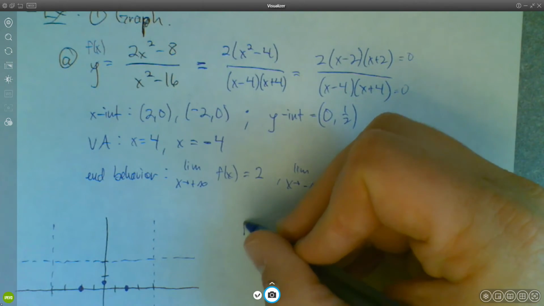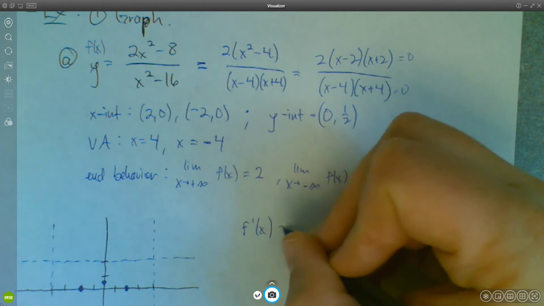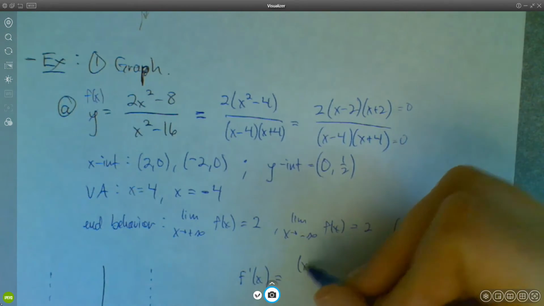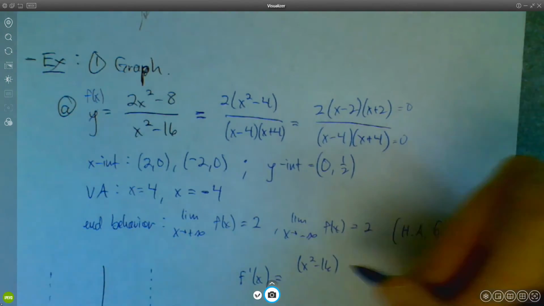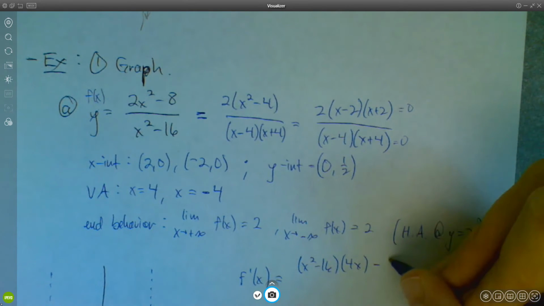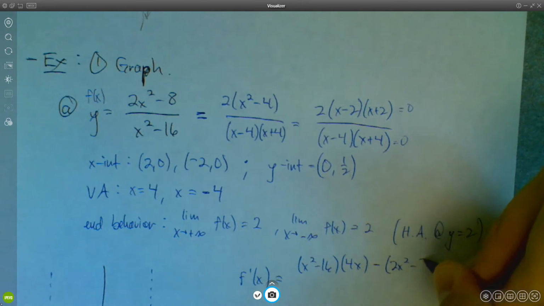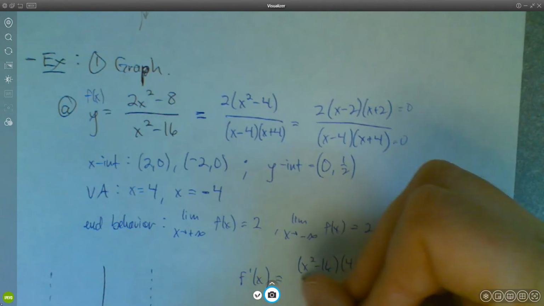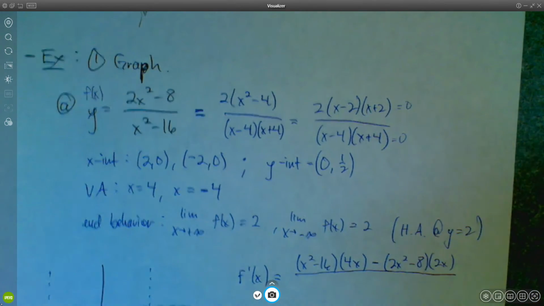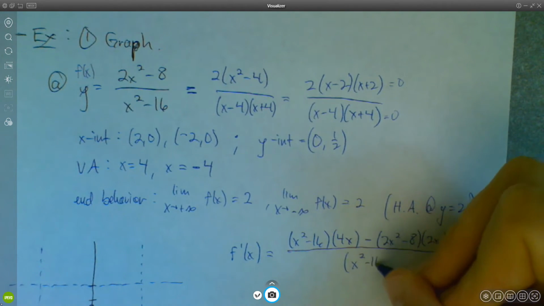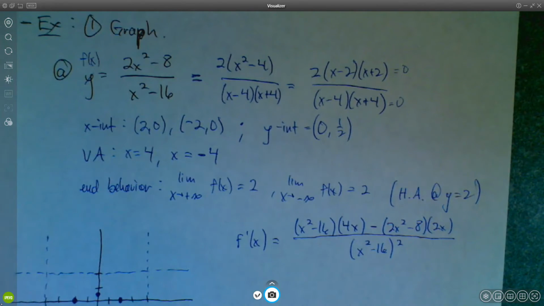And then f prime of x, the derivative, is going to be low d high minus high d low over low squared.